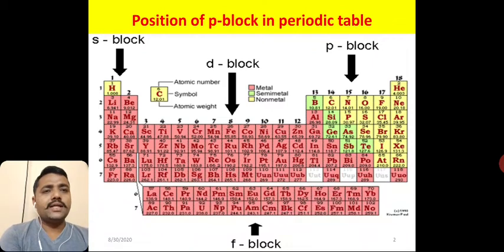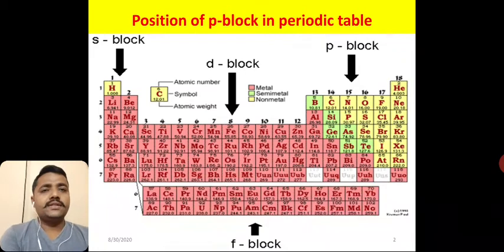Or another classification is: first is the representative element, second is the transition element, third is the inner transition element, and fourth is the noble gas element. Whatever it may be, you can choose it, no problem at all, but you should know how to explain it.